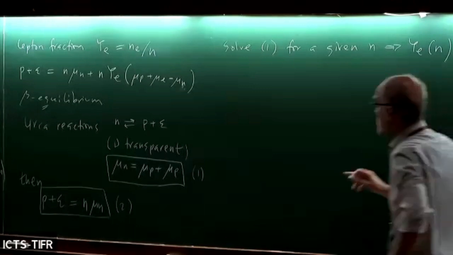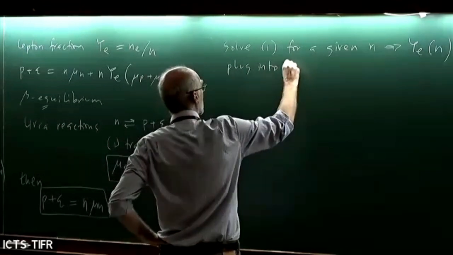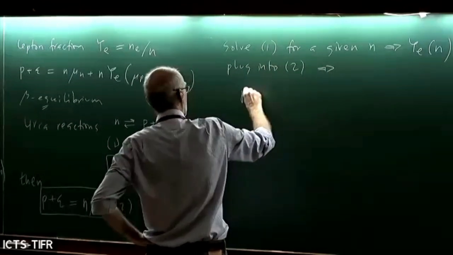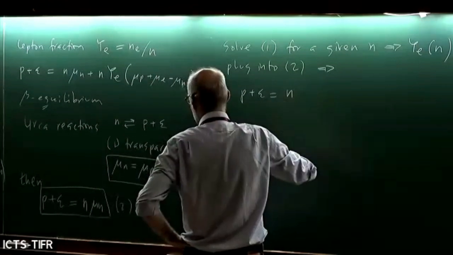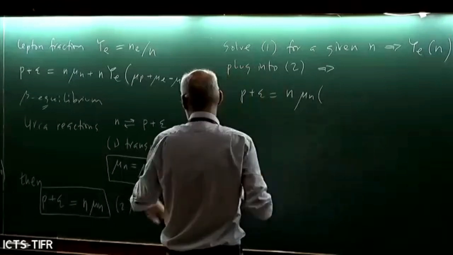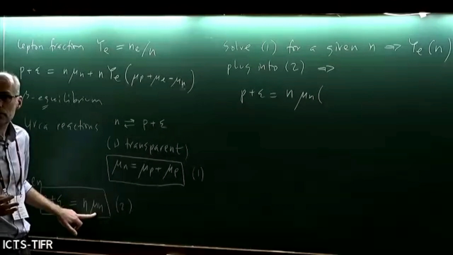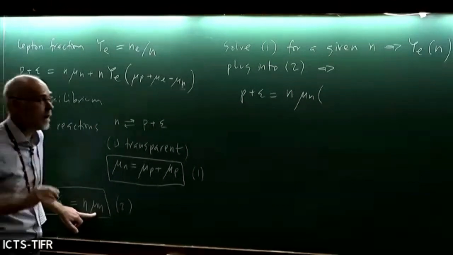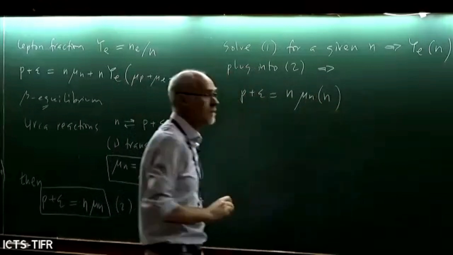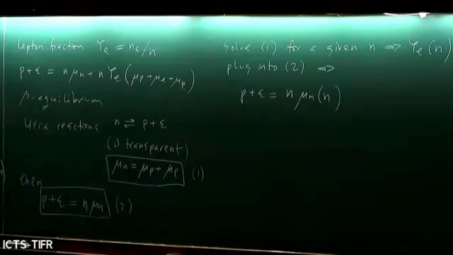And then I plug that into the second one. And then now this depends only on number density. This guy here depended on the baryon number density and lepton fraction. Those are the two variables. And so it only depends on n. And now, as by miracle, this matter is a single parameter barotropic model from yesterday.